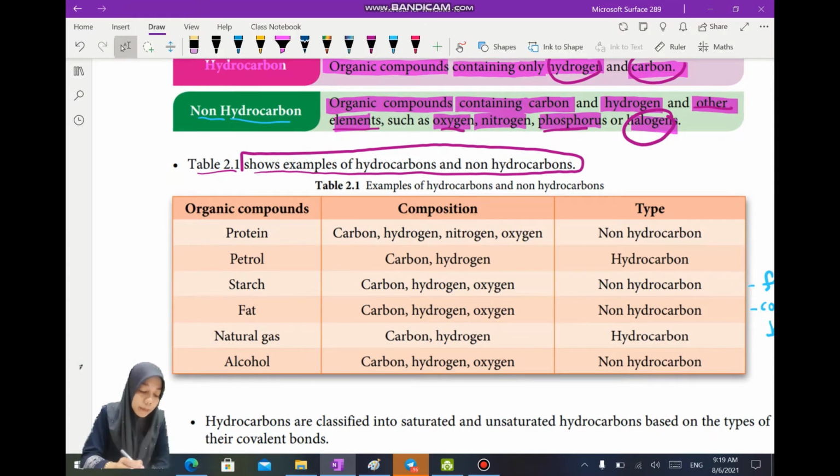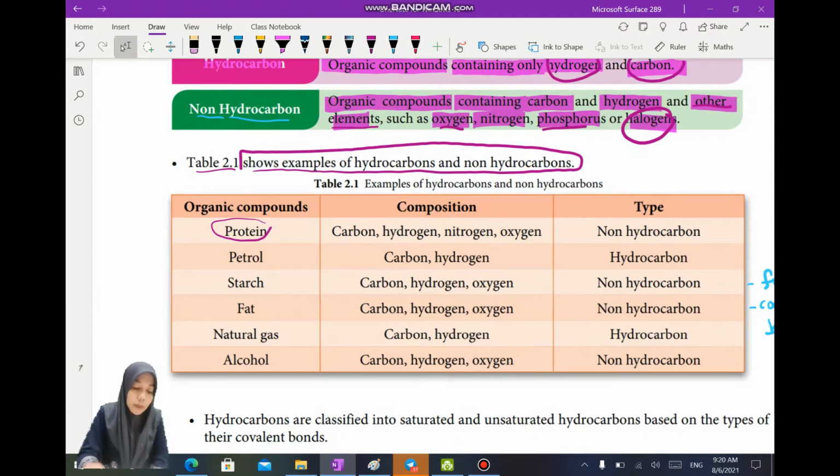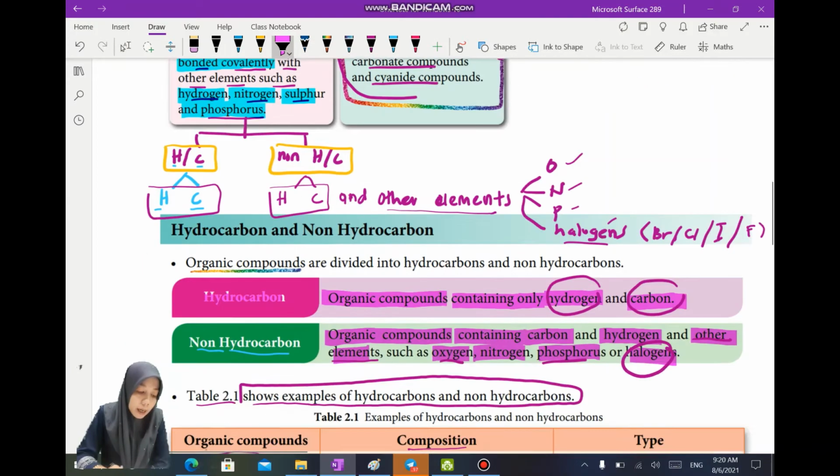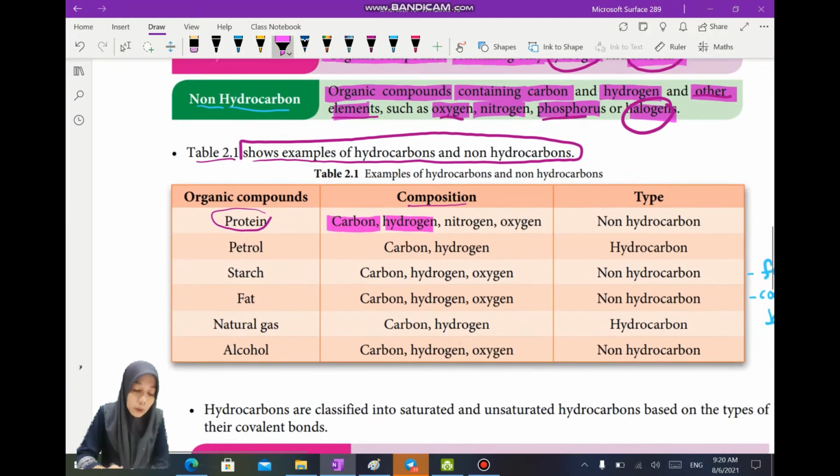Okay, look at here. Organic compound kat sini contohnya protein. Composition in the protein is carbon, hydrogen. Mengandungi carbon and hydrogen, that means it's organic compound.